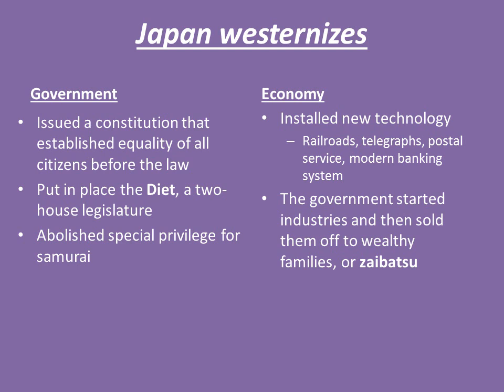So in the government, they issue a constitution, which they had never had before, and it establishes equality of all citizens before the law. This does not mean equality of all people in terms of social standing. It does away with some of the really rigid class systems that were in place with feudalism, but women still don't have equal rights in government or having a say in the economy. It does put in place a legislature, the Diet.